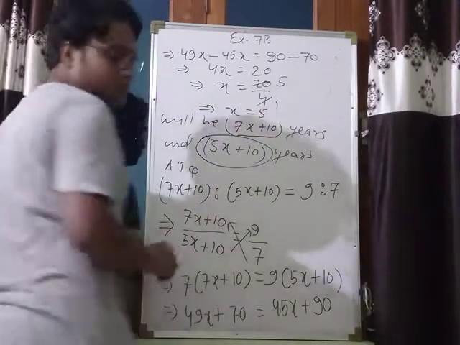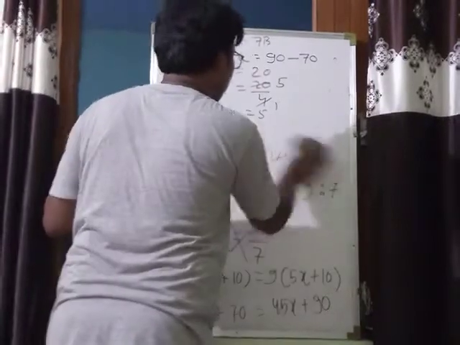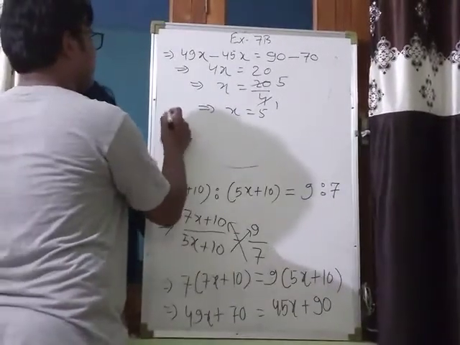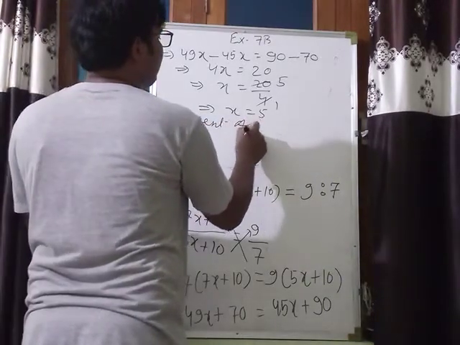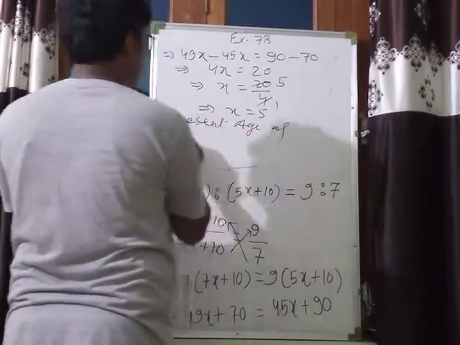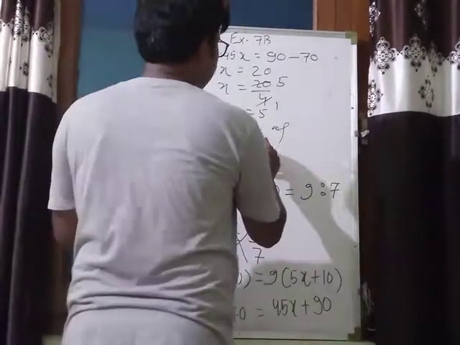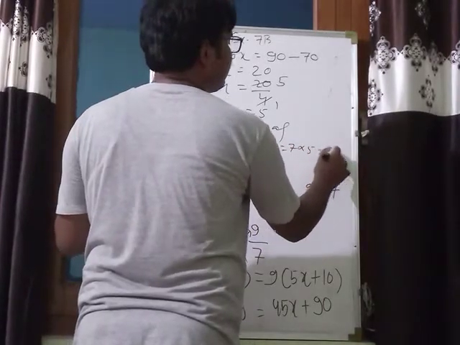But we have to find out 7x and 5x, because Sonal's present age is 7x, 7 into 5, that is 35 years.